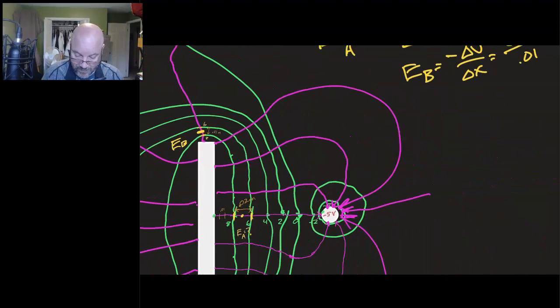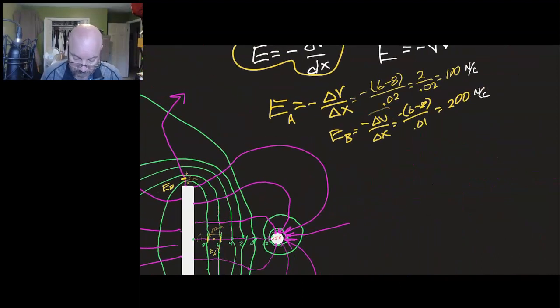What's that going to be? Well, we can do some algebra and figure out that our delta V is just going to be minus E delta X. But if we put newtons per coulomb in there, watch what happens.